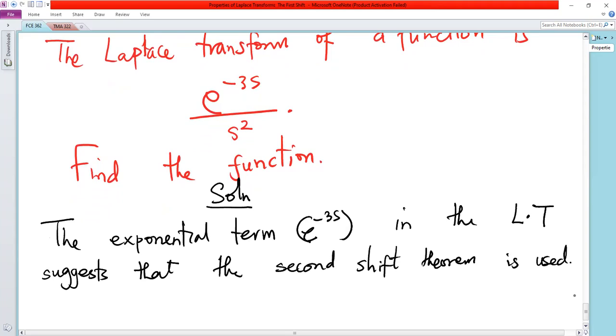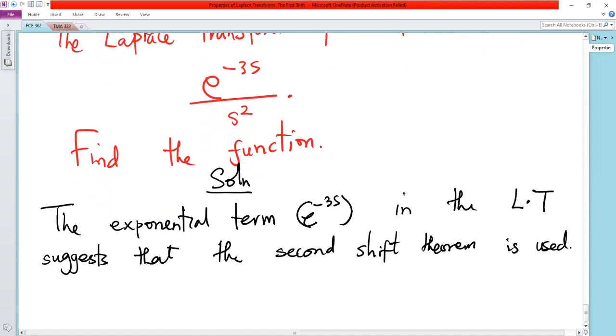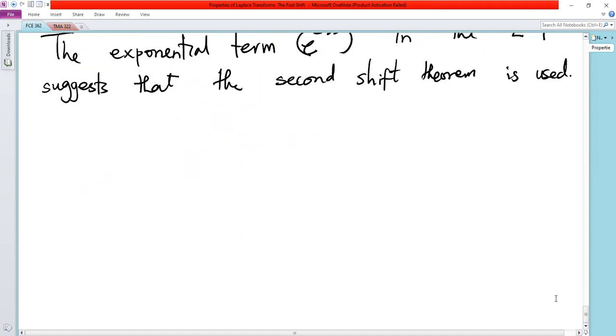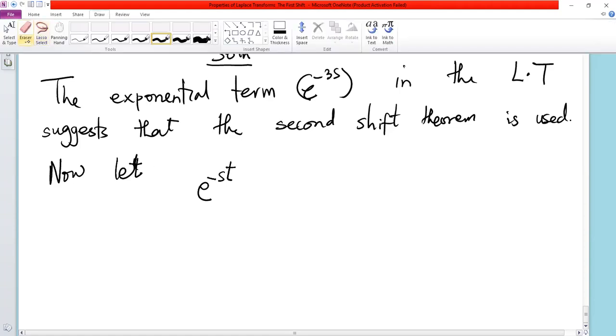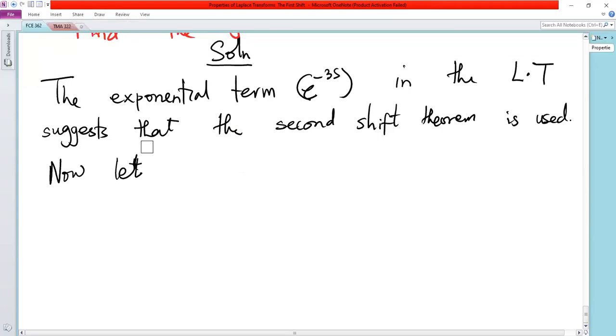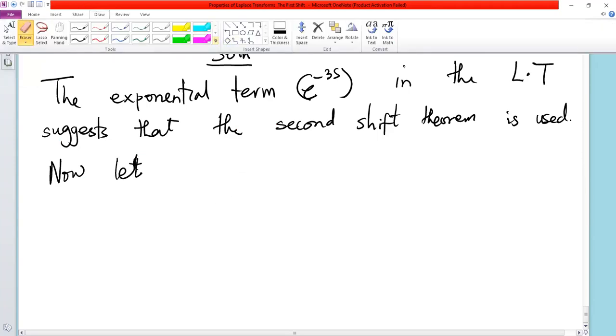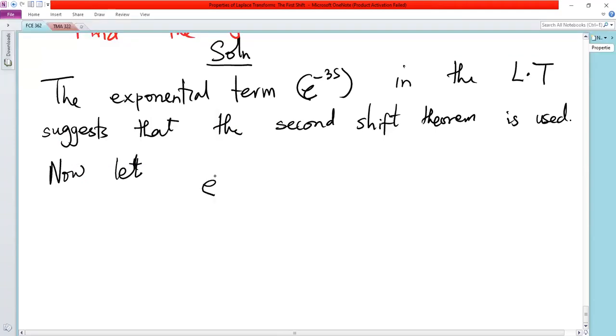Now let e raised to minus sd times capital F of s be this given transform.